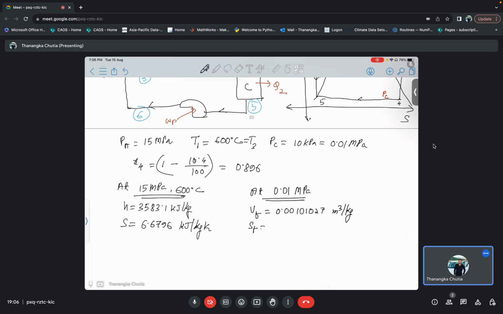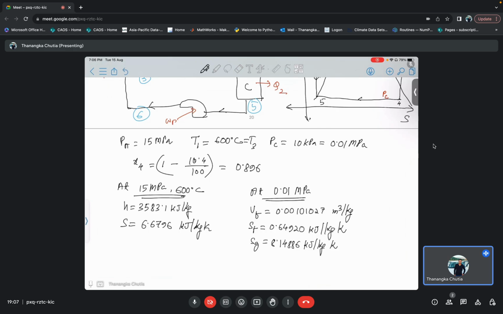Sf will be equal to 0.64920 kilojoule per kg Kelvin, and Sg will be equal to 8.14886 kilojoule per kg Kelvin.